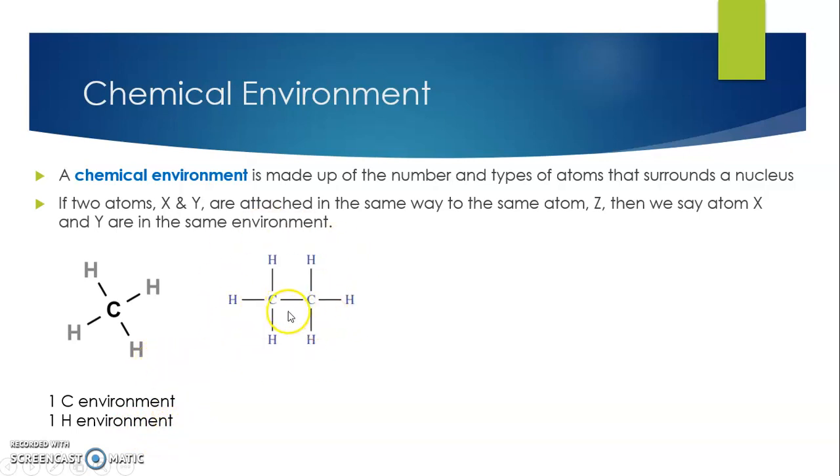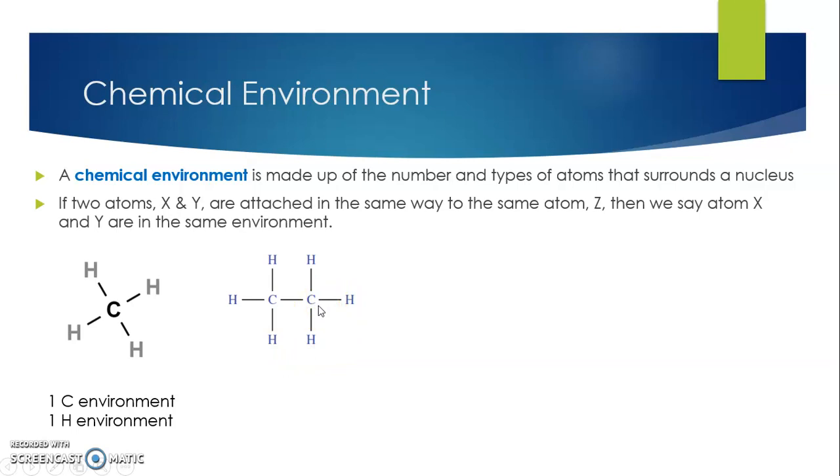Ethane, well, it appears that ethane has more carbons and more hydrogens. But if you look at each carbon, this carbon is connected to three hydrogens in an equivalent way, and next to it there is a CH3 group. And then you look at the carbon on the right. It isn't really different.